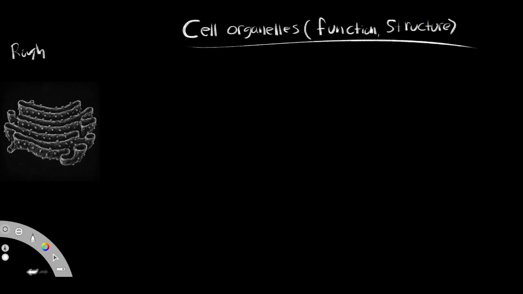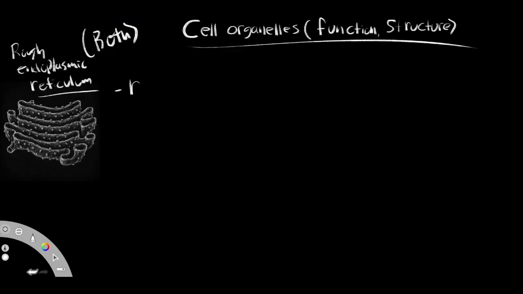This here is the rough endoplasmic reticulum. Again, it's found in both plant and animal cells. This one does have ribosomes, and as you can see, those dots are very apparent all over the place. Again, it has a network of tubules that run in and around the cell.